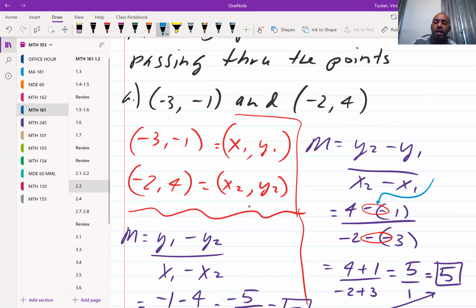A negative to a negative turns positive. So that's why I have a circle in both cases. So that leaves us with 4 plus 1 over -2 plus 3. That ends up giving us 5 over 1, which is just 5. We simplify.